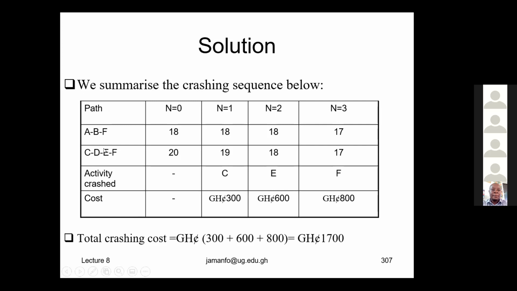Please note that we are not crashing it in the way they appear in the alphabet, A, B, C, D. A, B, C, D here just happens to be the critical path activities. And we said when we are crashing, our objective is to crash at the very minimum cost.